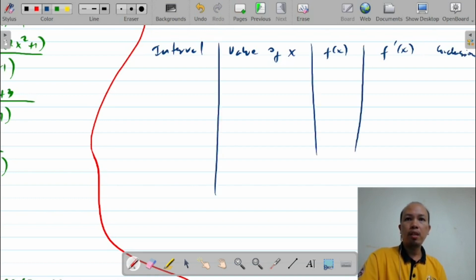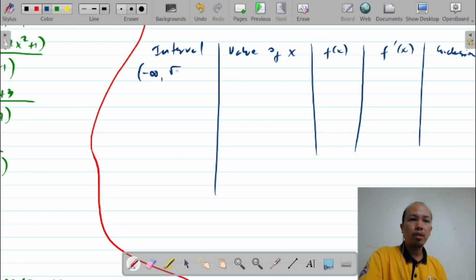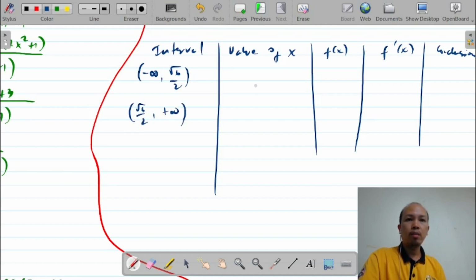If you remember that, from negative infinity to square root of 6 over 2, and then from square root of 6 over 2 to positive infinity, you have test points, let's say 0, and then let's say 2, and we know that it is increasing or decreasing to something.